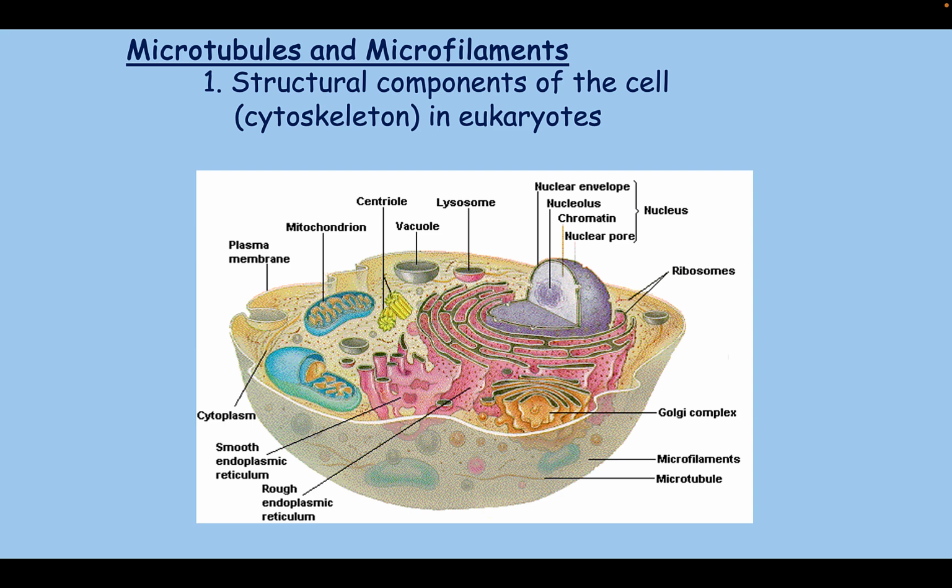I think in one of the videos I'm going to show you, there's a video of an amoeba moving, and the amoeba moves by breaking down the microfilaments in the cell and then rearranging them and pushing the cell membrane out. So the formation of this cytoskeleton inside of a eukaryotic cell is very dynamic. It changes all the time.